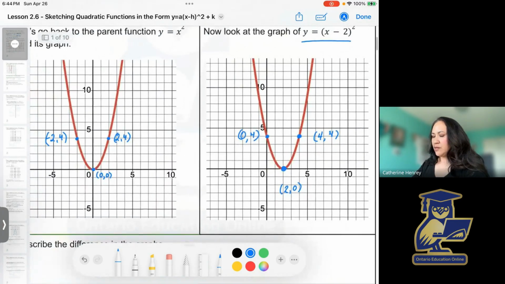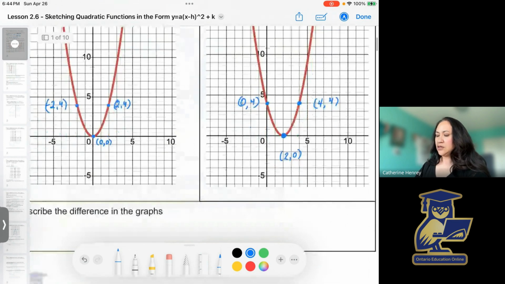So if you compare them, what has changed? Well, it looks like the x values have changed.